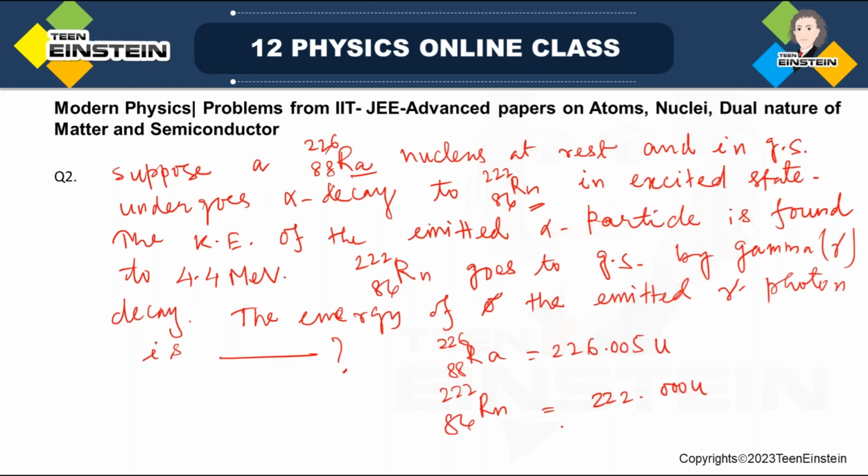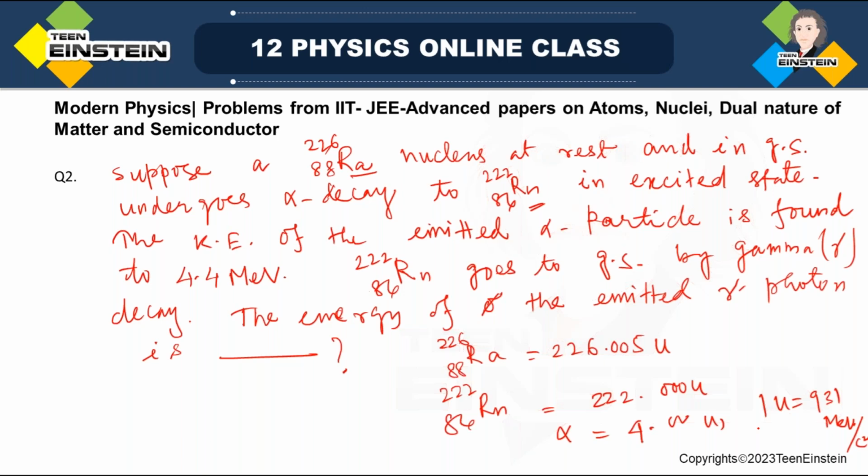Further, the alpha particle has atomic mass 4, and we know 1 u is 931 MeV divided by c squared, where c is the speed of light. So these are the points given.